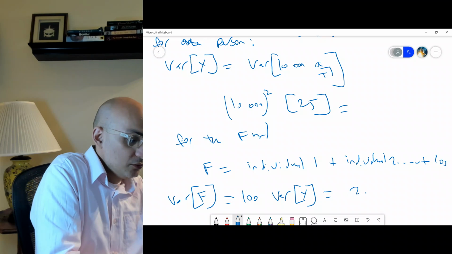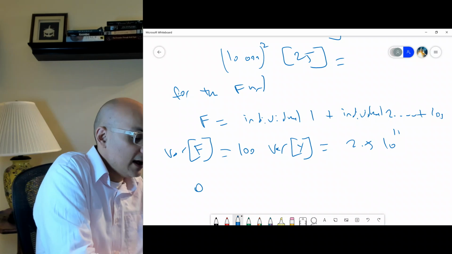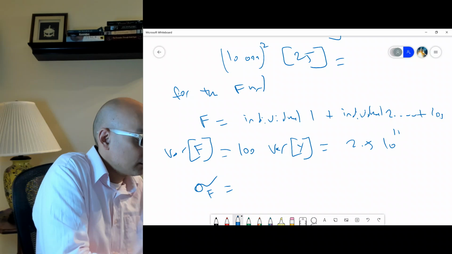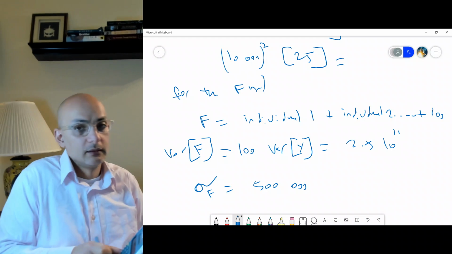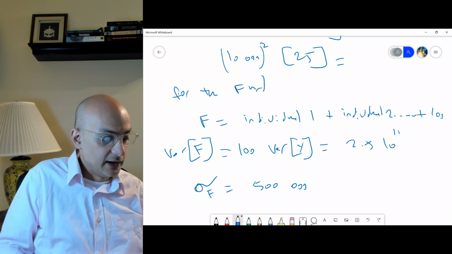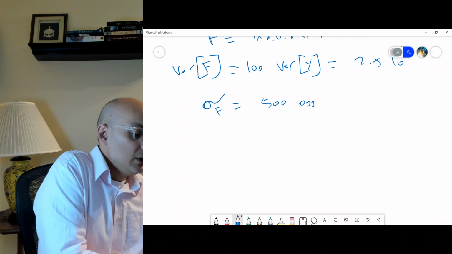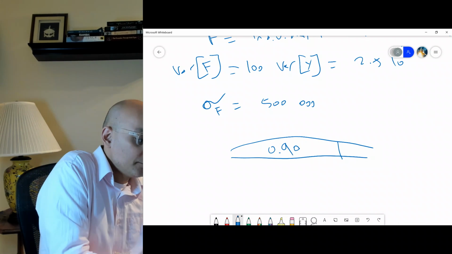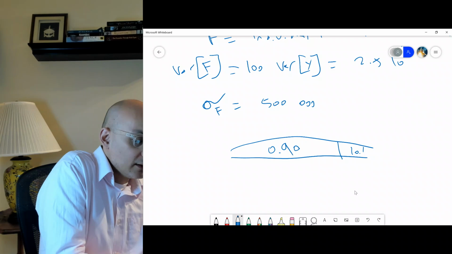So we'll have 2.5 times 10 raised to 11. Now the standard deviation of the fund, we take the square root of it, will be 500,000. The standard deviation.